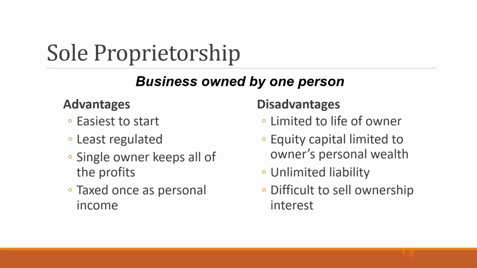So if you lost a lawsuit and they said you had to give this person $1 million and your business was only worth $400,000, then you would also have to sell your home, your vehicle. They can come after your personal property. This is not true with other forms of business.